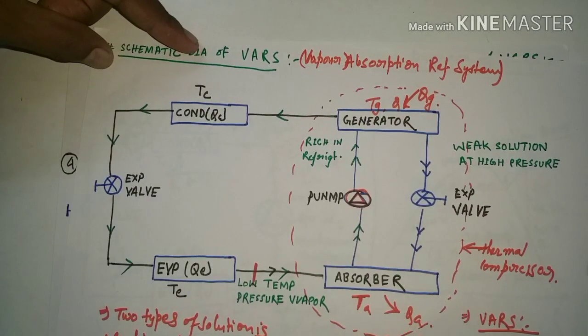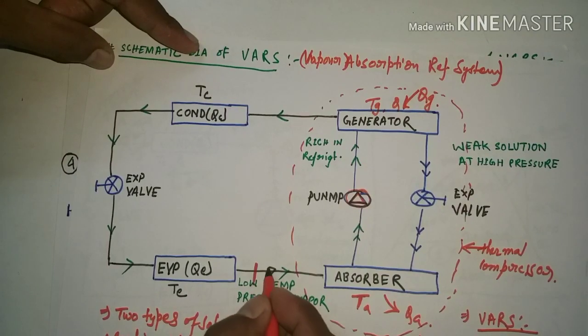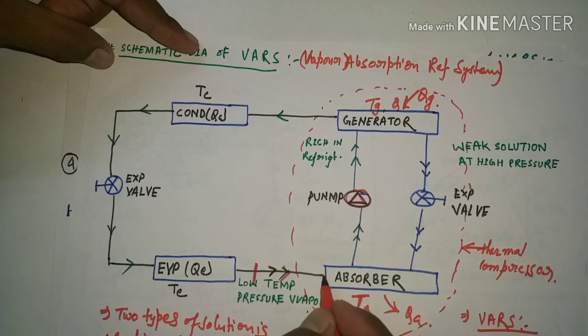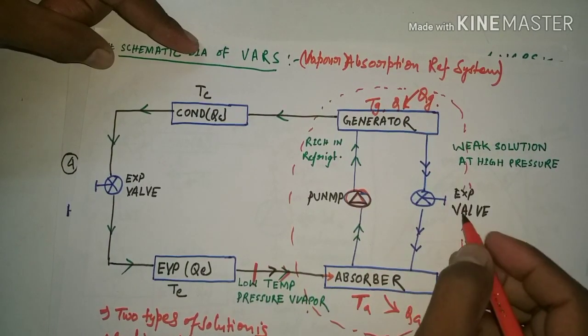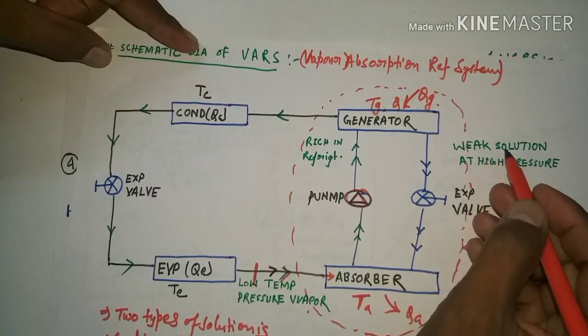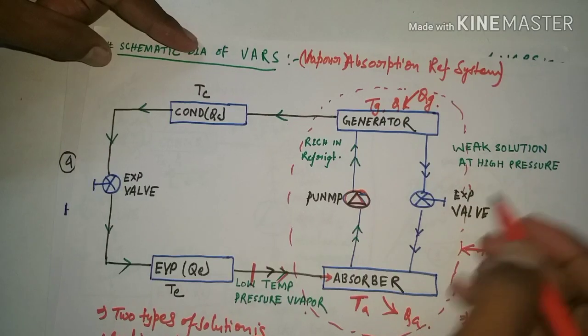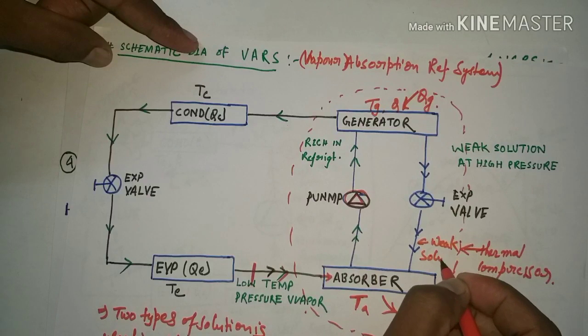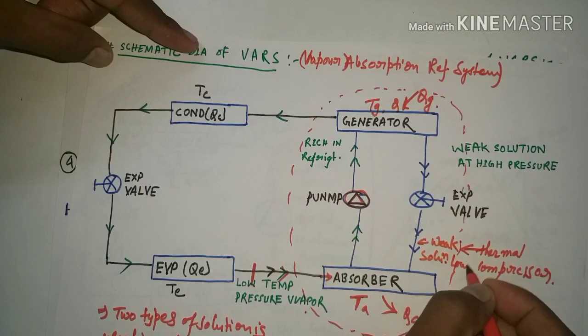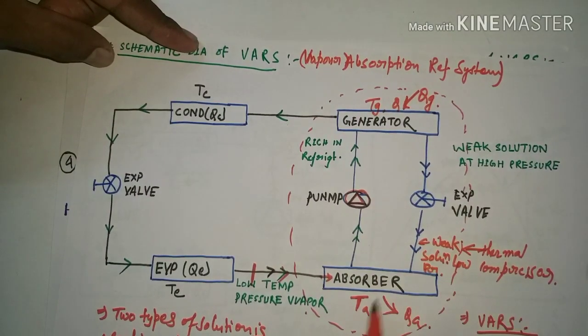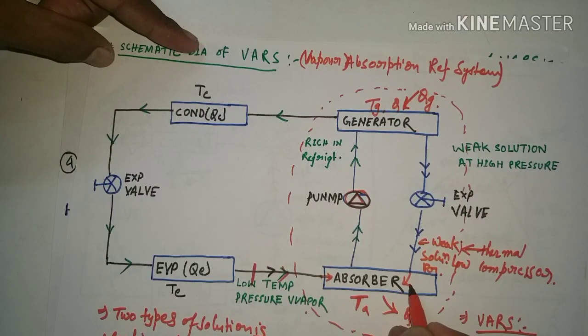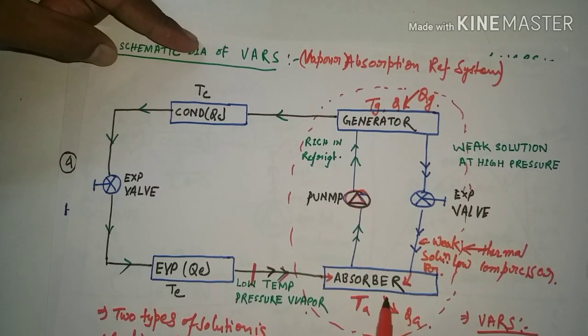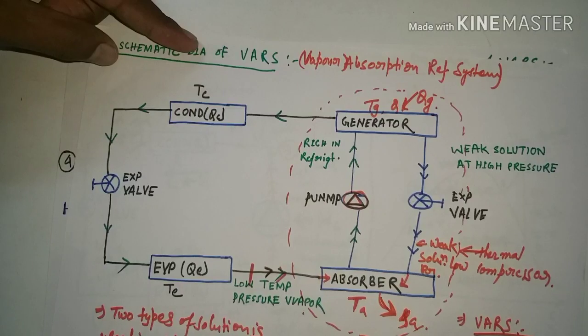Low temperature, low pressure vapor refrigerant gas enters this absorber, and from here weak solution at low pressure is also coming into the absorber, where it rejects heat to the atmosphere, that is QA.